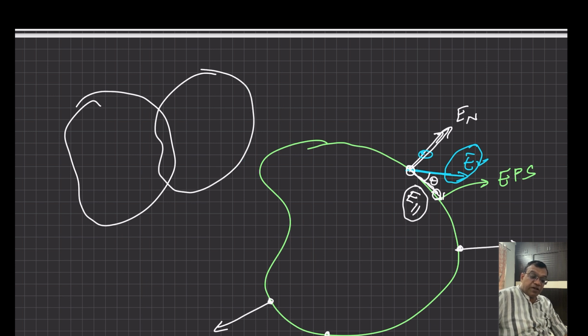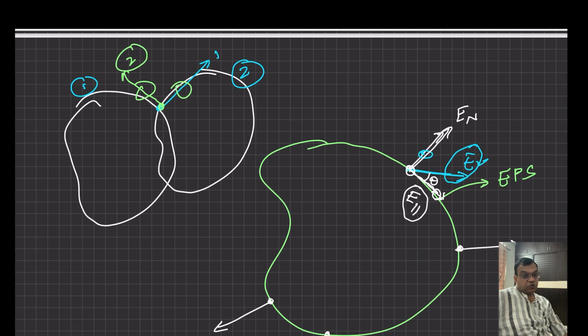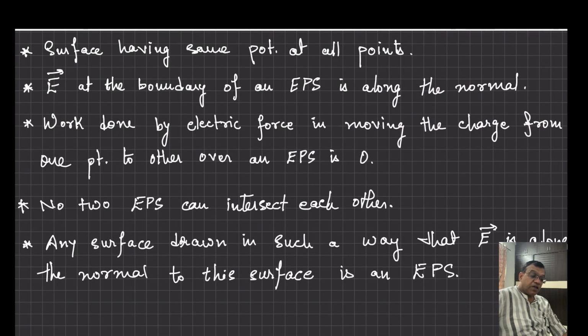If they are intersecting, surface 1 says the field at this point is in this direction, 1, and the second surface says the field at this point is in this direction, 2. Then the field at the same point would be in 2 directions, which is not possible. So 2 equipotential surfaces cannot intersect each other.